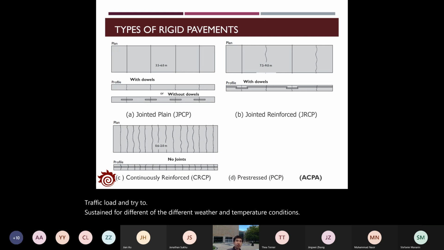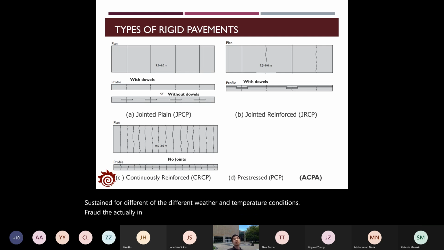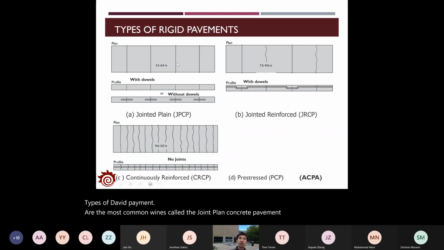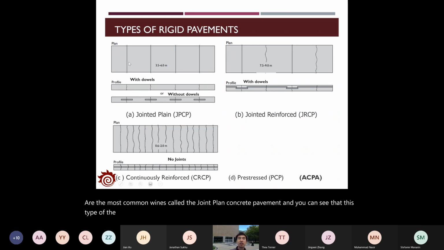In reality there will be a lot of types of the rigid pavement. The most common one is called the jointed plain concrete pavement, and you can see that in this type of design we will have the limited dimension of the PCC slabs, and they are all connected by the dowel bars or the tie bars to transfer load between the slabs.